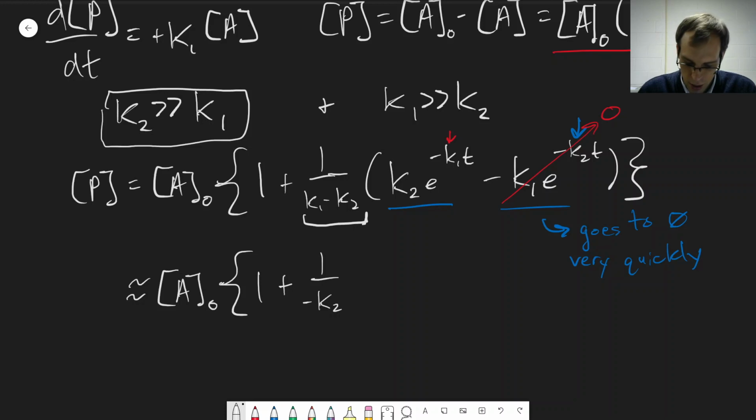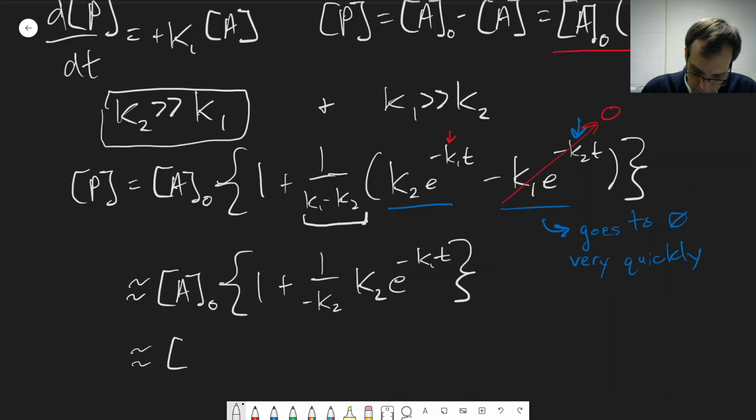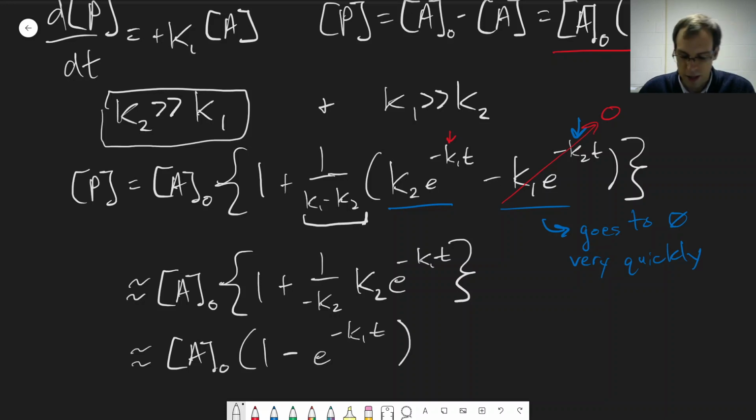And we're ignoring that second term, so we'll have K2 times e to the minus K1t. That gives us A naught times 1 minus e to the minus K1t. And so we can see this is identical to the single step.